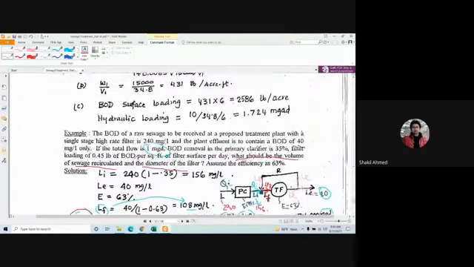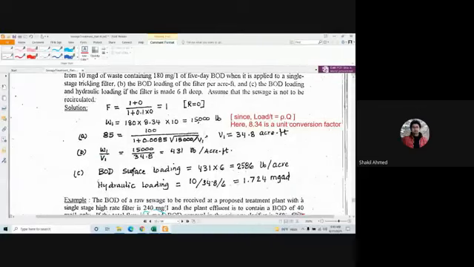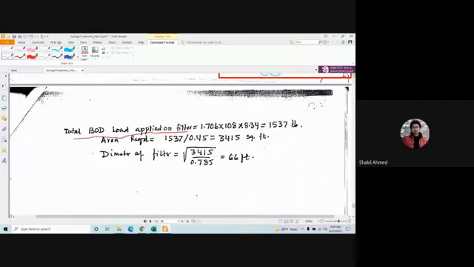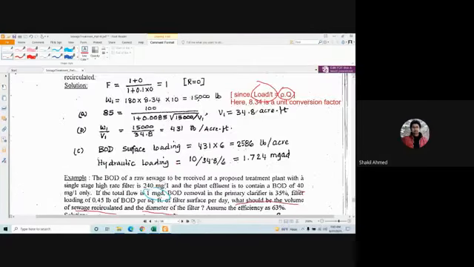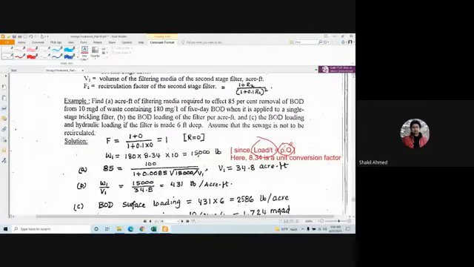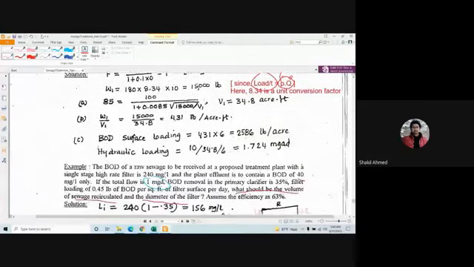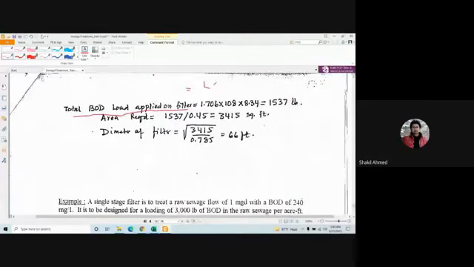As I told you previously, load per unit time equals rho into Q. So the total BOD load applied on the filter should be rho into Q, or Li. Rho is L actually. L into Q.